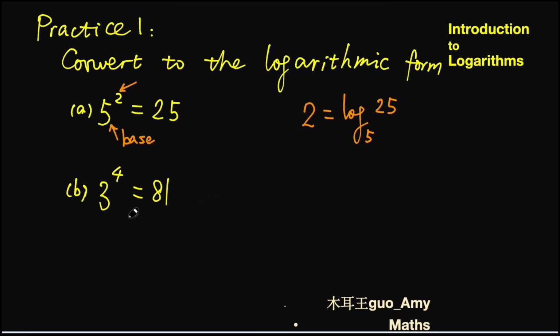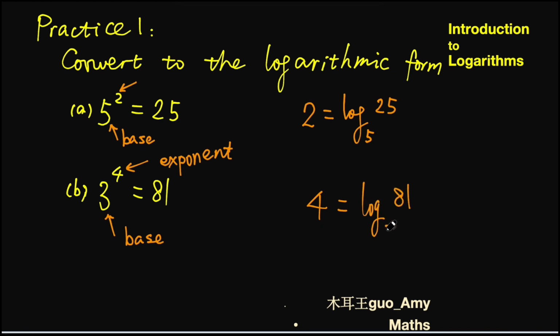Then for part B, we have 3 to the power 4 equals 81. Similarly, the base is 3 and the exponent is 4. Using logarithm to express number 4, 4 is equal to the logarithm of 81 to the base 3.